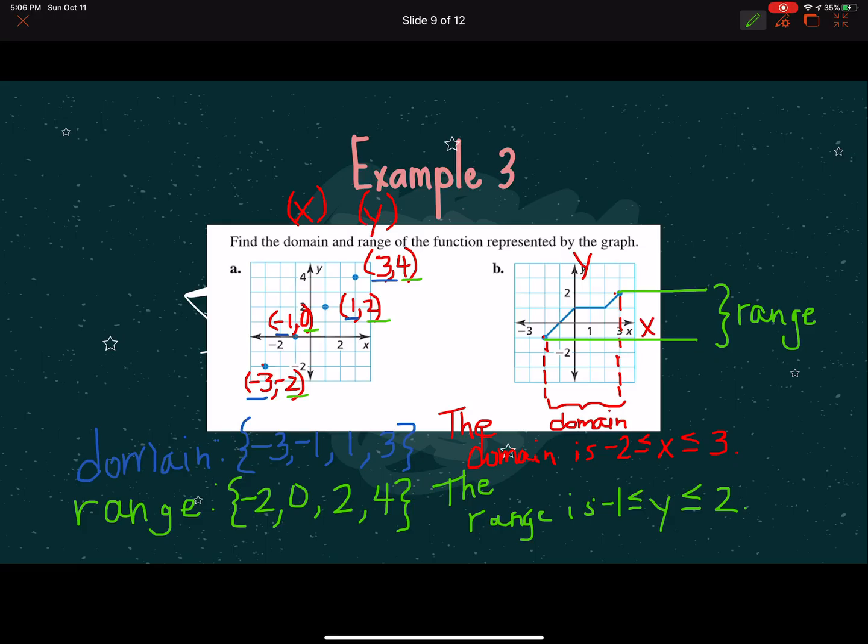It is just those points of values. In part B, we would call this continuous because those points are connected. That means it's taking in every value between these ordered pairs. There's no way we could list every possible decimal or fraction, however you chose to list it, between those values. So we use comparison signs or inequalities.